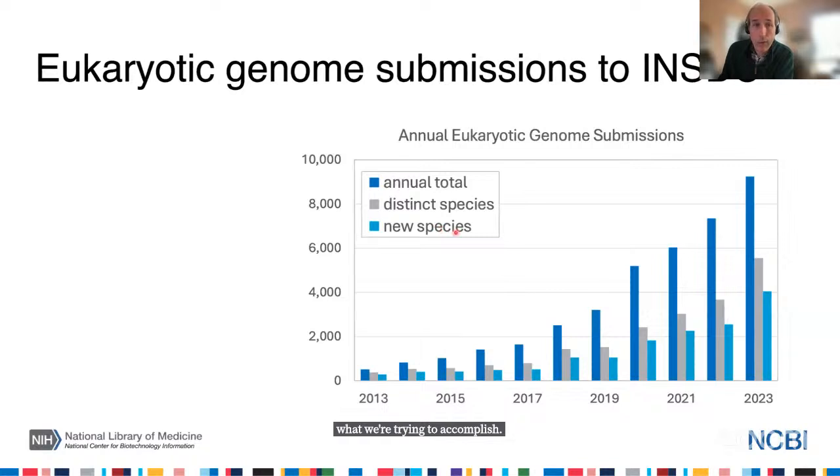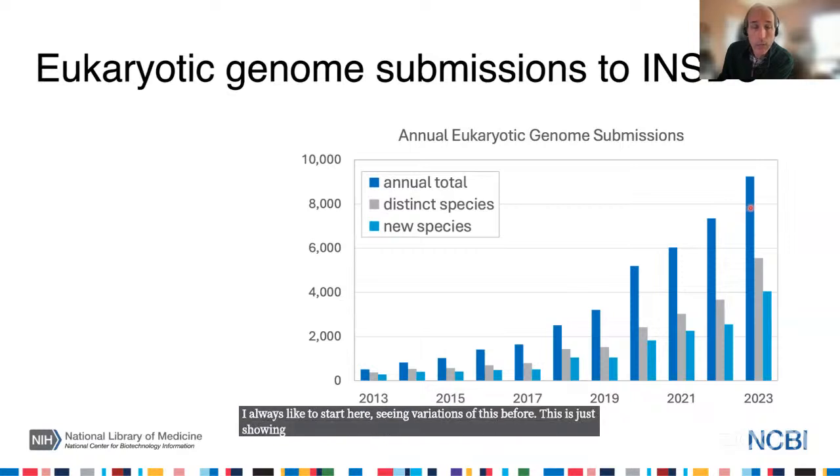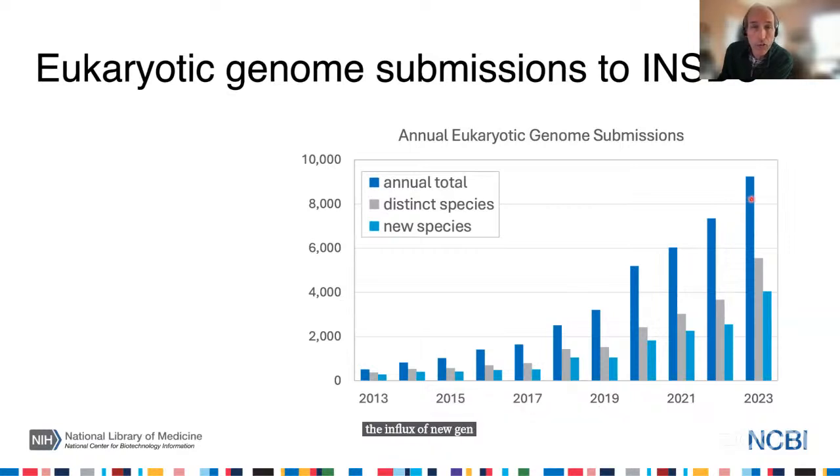I always like to start here. You've seen variations of this before. This is just showing the influx of new genomes coming in each year to the INSDC. Just looking at last year alone, we received over 9,000 genomes, of which over 4,000 were the first genomes available for that species.